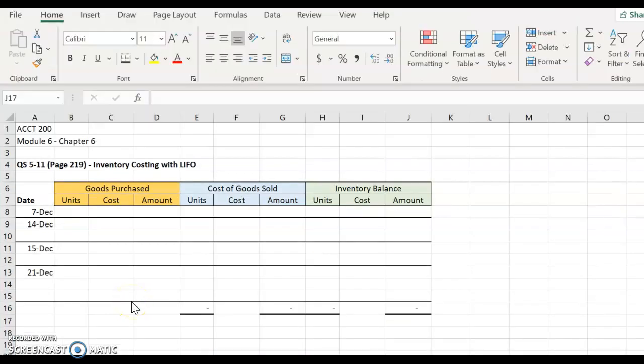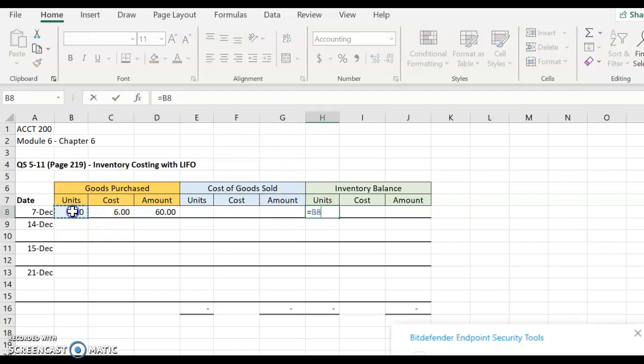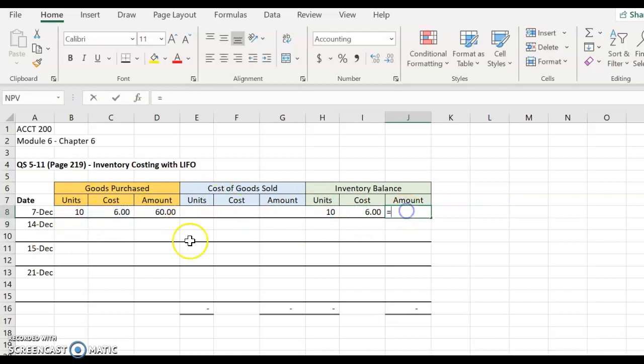Let's go to problem 5-11, QS 5.11 on page 219. Here we're going to use the same info from QS 5.10 that we used in the FIFO. On December 7th, we had a purchase of 10 units at $6 cost. Extending out, and that becomes our inventory. On December 14th, we purchased 20 units at a $12 cost.